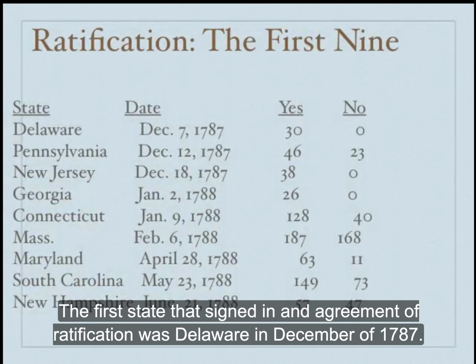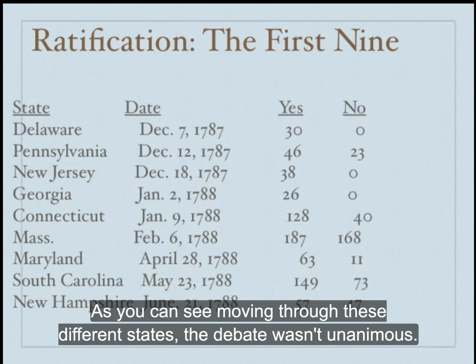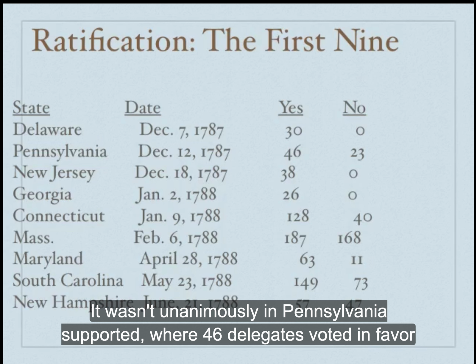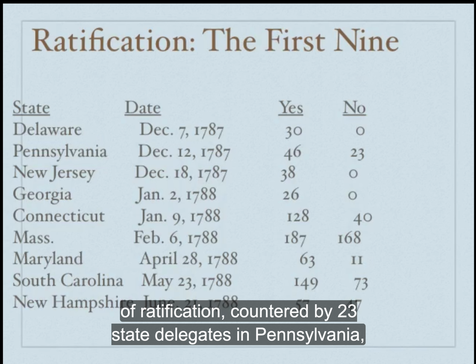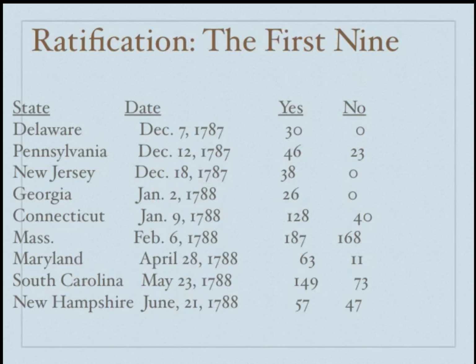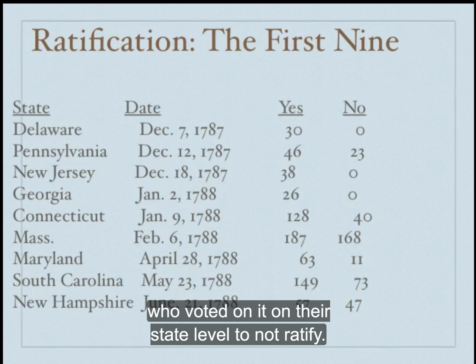The first state that signed in an agreement of ratification was Delaware in December of 1787. As you can see, moving through these different states, the debate wasn't unanimous. It wasn't unanimously supported in Pennsylvania, where 46 delegates voted in favor of ratification, countered by 23 state delegates in Pennsylvania who voted on their state level to not ratify.